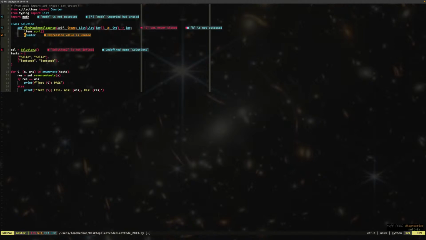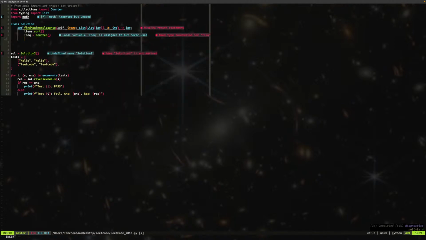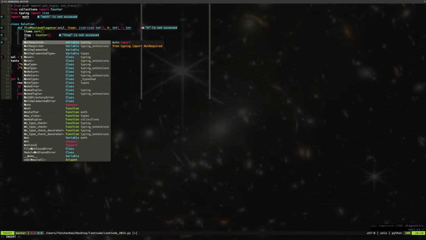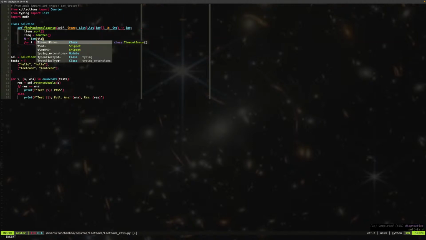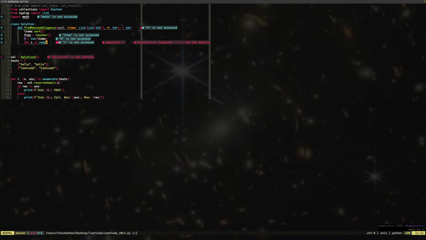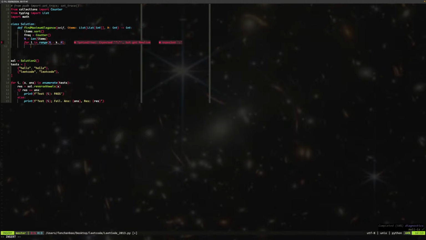So we need to know frequency equal to counter, and then we say for i in range, okay, we also need an n. Here's len items. Range what? I guess it's n minus k, but I need to think about it. So last k, right?